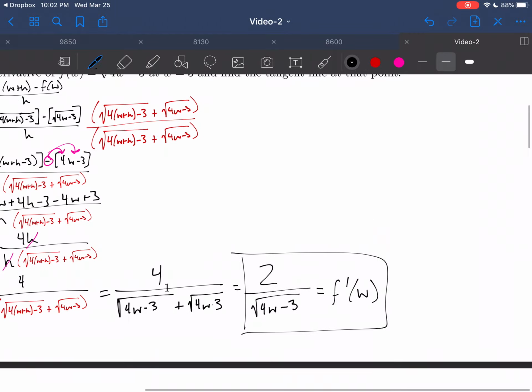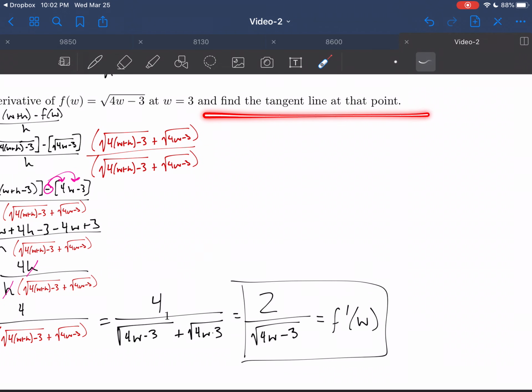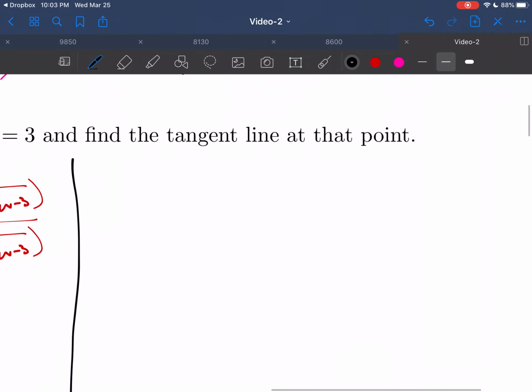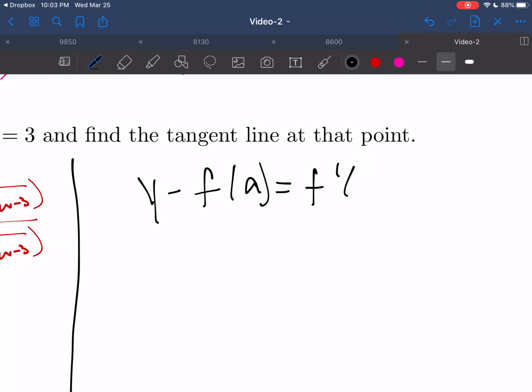Now this problem asks us to do one more step. It asked us to find the tangent line at that point. So we've got our derivative, and last section we looked at finding tangent lines. Remember our tangent line was y minus f of a equal to f prime of a times x minus a.